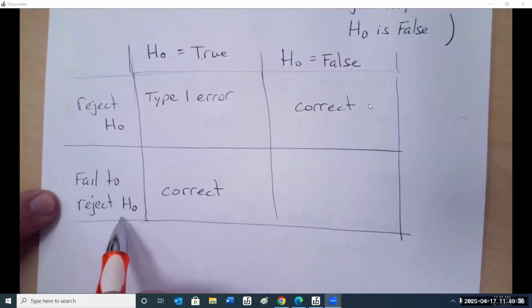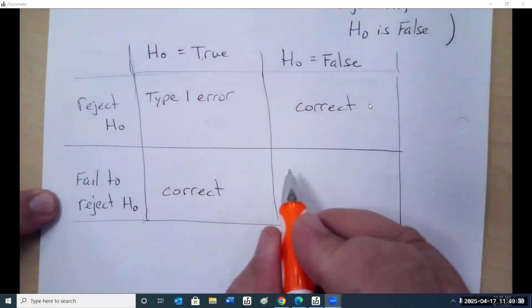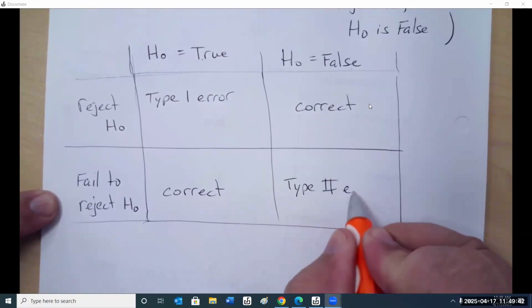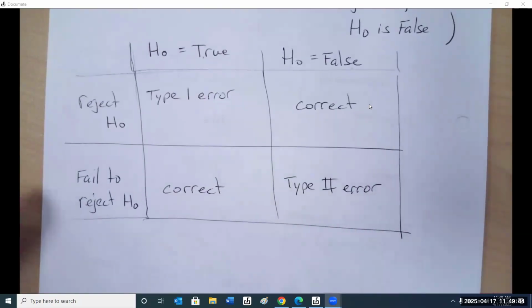And you fail to reject it when H0 is false, that's the type 2. You have to make sure you check your answers before you publish anything when it comes to this.